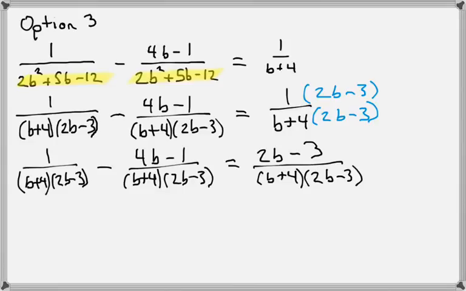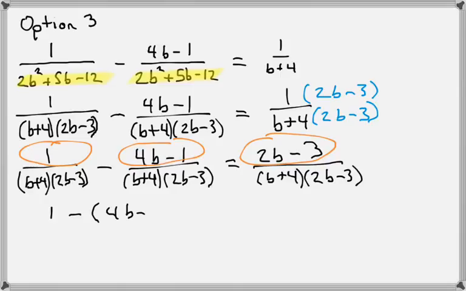Okay, so option 3 was, once we had a common denominator everywhere in this entire problem, the only way these fractions would be true, we can just look at our numerators. So we're going to take the numerators. We have that 1 minus that 4b minus 1 is equal to 2b minus 3.